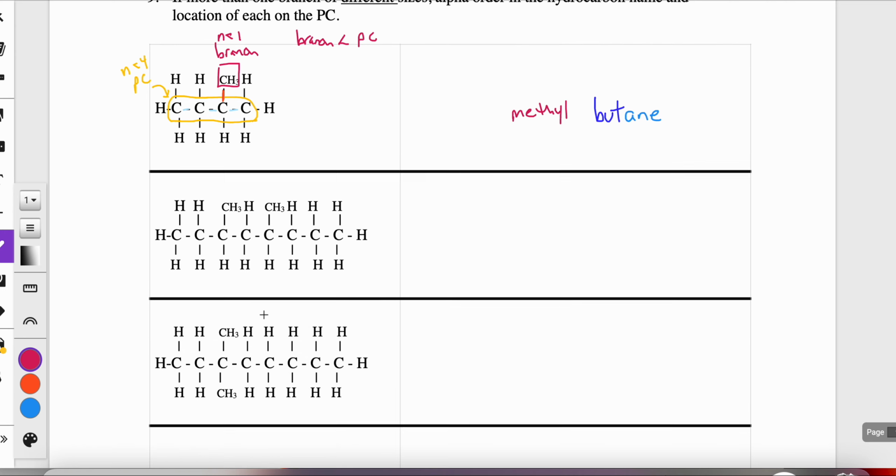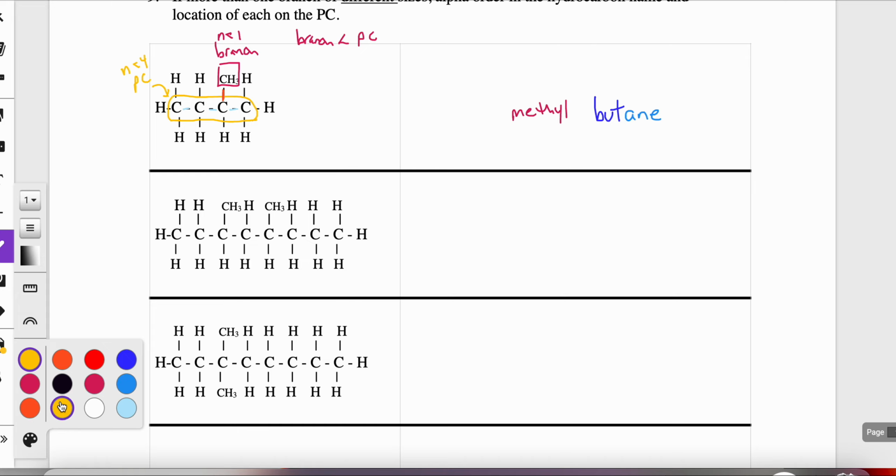So let's take a look at the next example. In this next example, I'm going to circle the longest carbon to carbon parent chain. So here's my parent chain, and when I take a look at this parent chain, n equals 8.